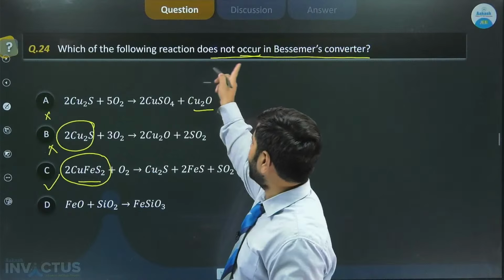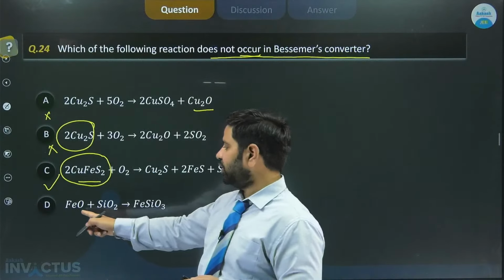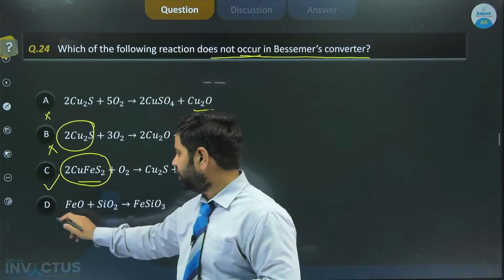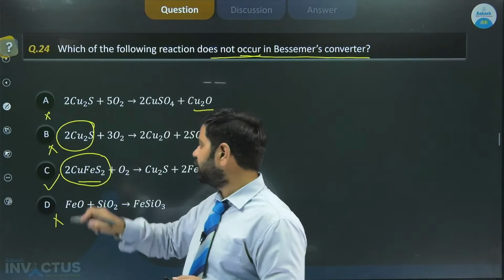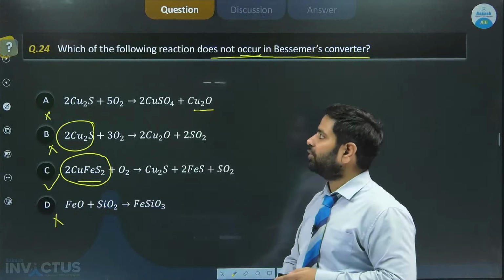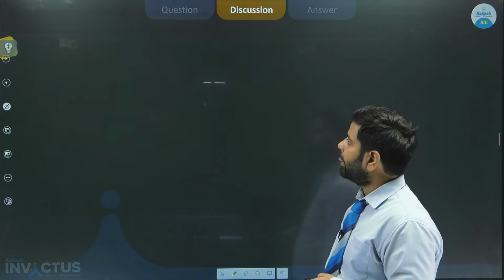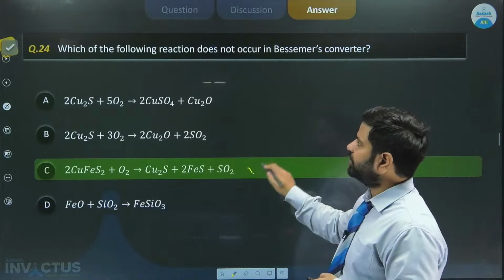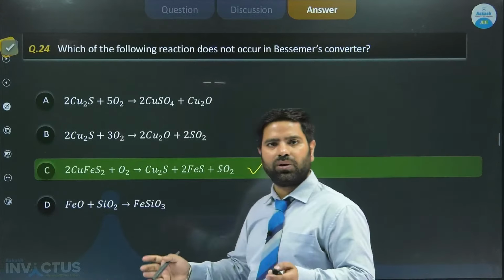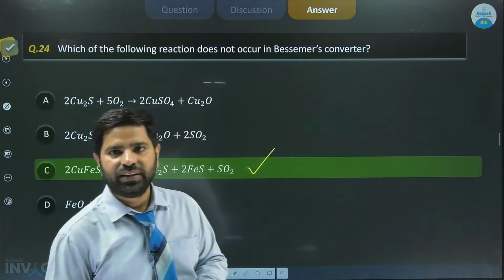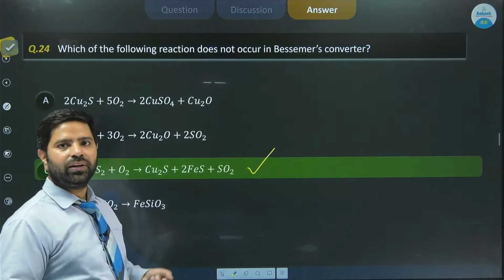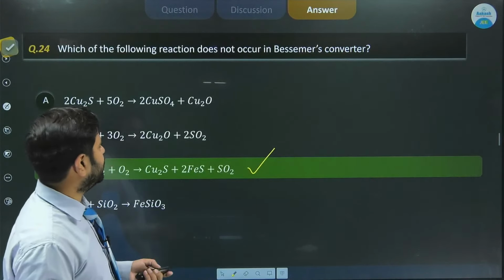And this is the reaction that will form slag; this will happen. This question has only one correct option. Let's check the answer. Yes, option C is given. Very simple question: partial oxidation cannot take place in the Bessemer converter. In the Bessemer converter, complete oxidation of copper sulfide takes place.